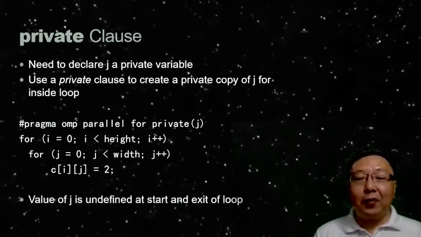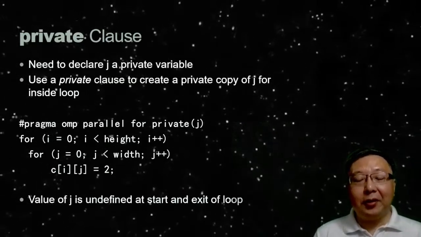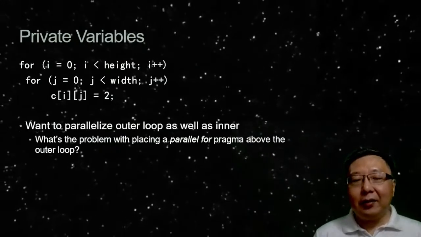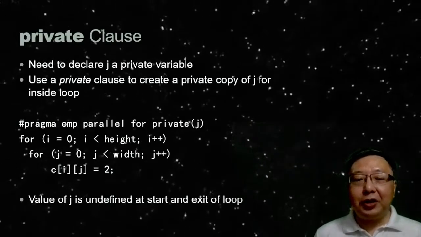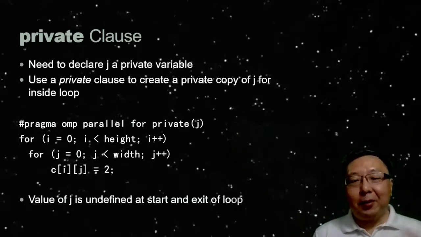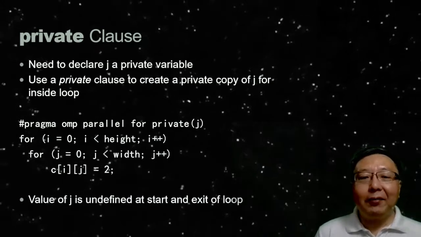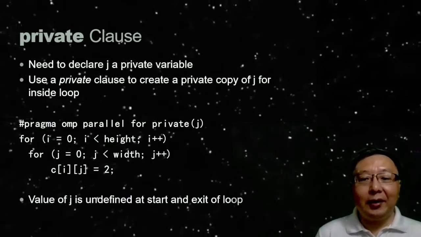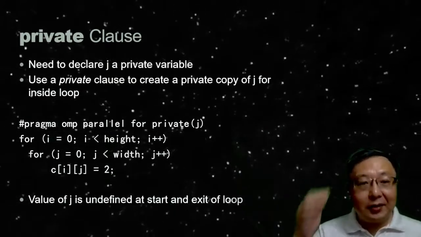Since it's the for i, that means there'll be multiple i's running at the same time on different threads. If we had the loop like this, then the j would be shared, and each i would be clobbering the j separately and messing up everything. So by having the pragma omp parallel for with private(j), we're telling it, I need a separate j for each one of these i's.